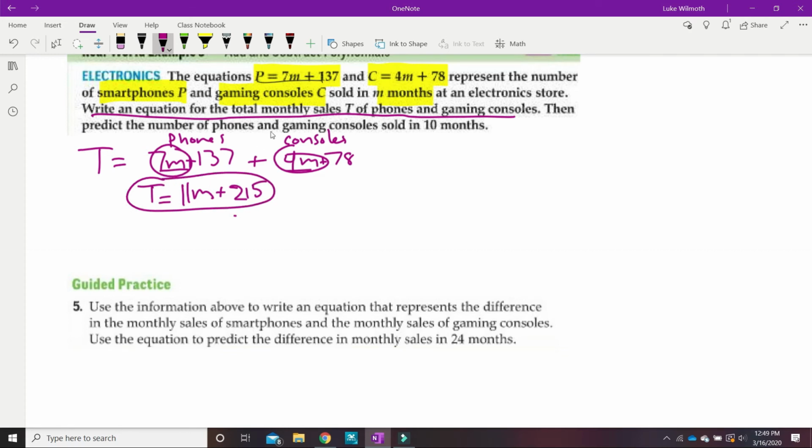It says write an equation for the total number of gaming consoles. Then predict the number of smartphones and gaming consoles sold together in 10 months. Well, the months is this M right here.